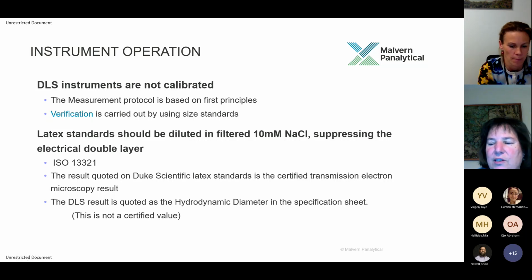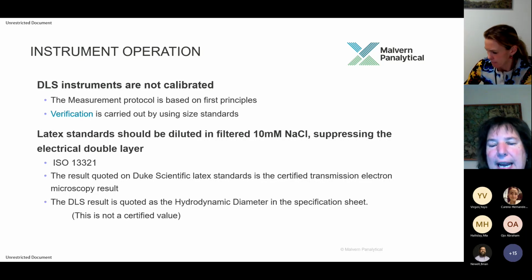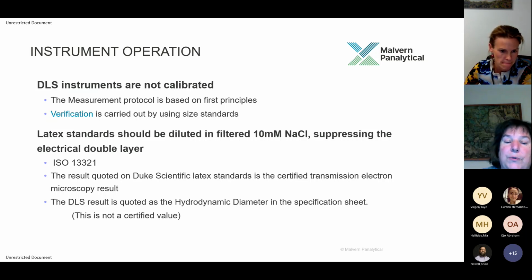This is not actually the certified value on the bottle. That bottle value was obtained by microscopy, but the hydrodynamic diameter is in the specification sheet, and that's the result that you're looking for to compare your result to what you should be getting for that latex standard.